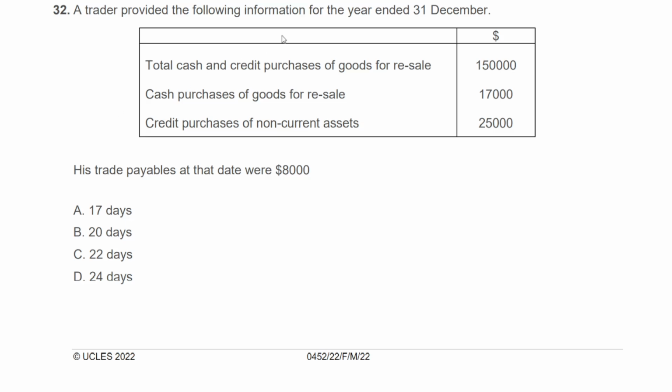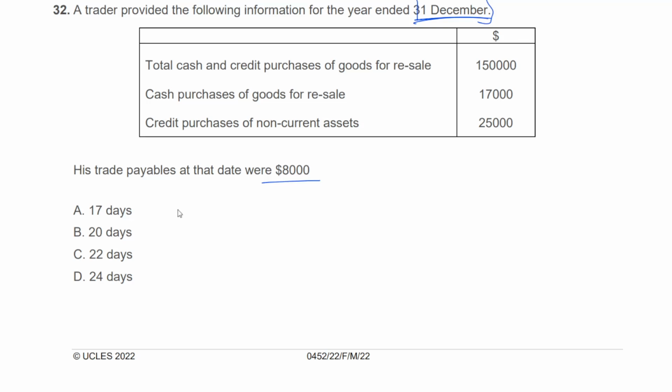Number 32, a trader provided the following information for the year ended 31st December. His trade payables at that date were 8,000, the closing date, isn't it? They're talking about 31st December. Total cash and credit purchases for goods for resale, cash purchases of goods for resale, credit purchases of non-current assets. What's the question? I think it's the trade payables period, right?